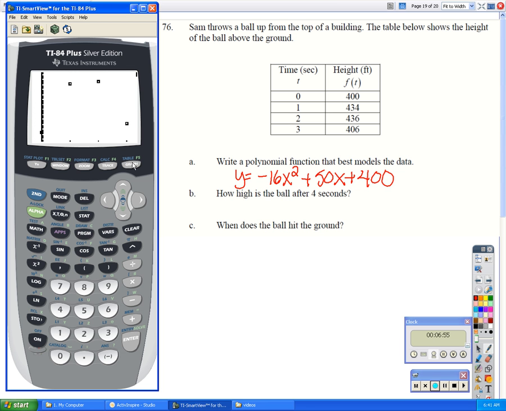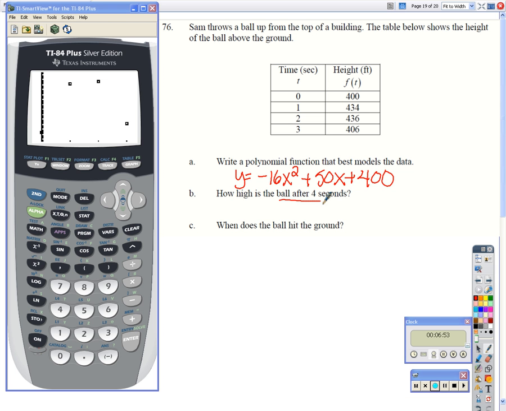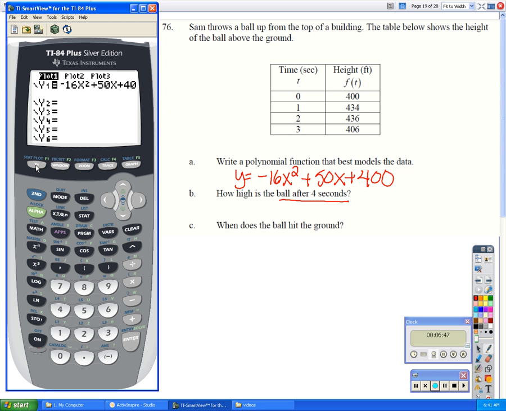And then how high is the ball after 4 seconds? I forgot a 0. I'm going to trace over to where x is 4. There we go. Now we can see our line. It goes right through all those data points.